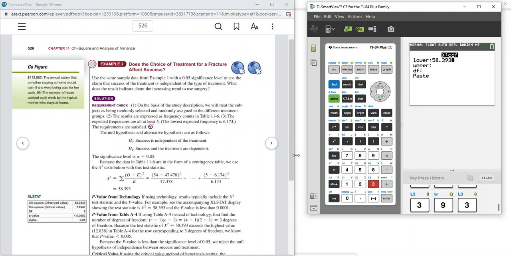Upper value, E99, degrees of freedom 3, paste. So what we're doing is trying to find the area under the chi-square curve from 58.393 to infinity. And you'll see 1.29 e to the negative 12. So you get the same thing, right?